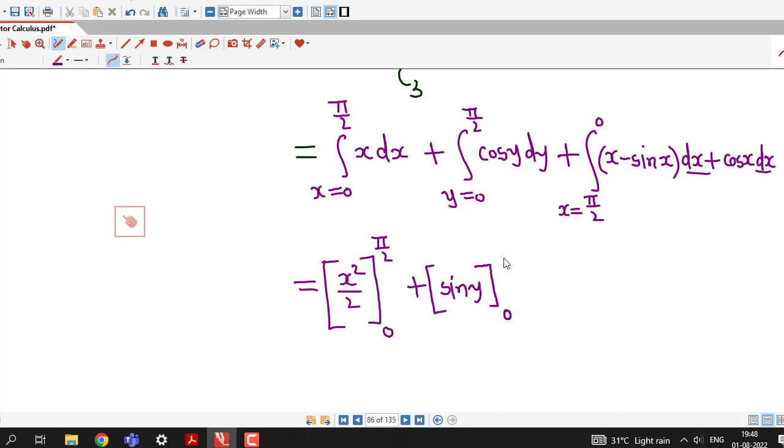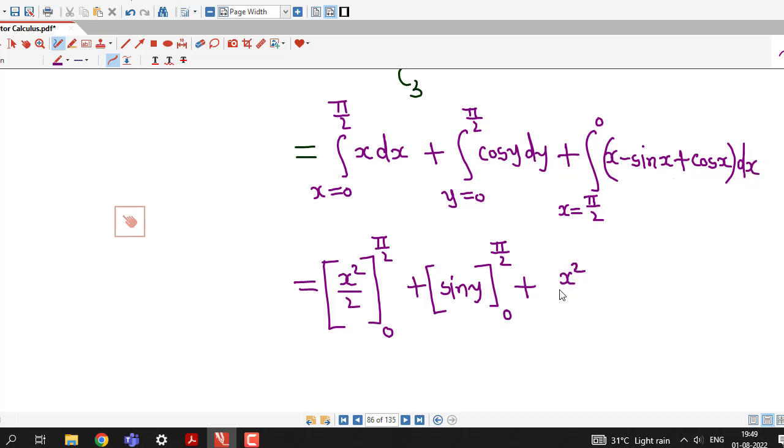Limits are from 0 to pi by 2, and here we can take dx common directly, and we have x minus sin x plus cos x. So let me write plus cos x here, and we are taking dx common. So if you wish, you can write directly also x minus sin x plus cos x, integral with respect to x.